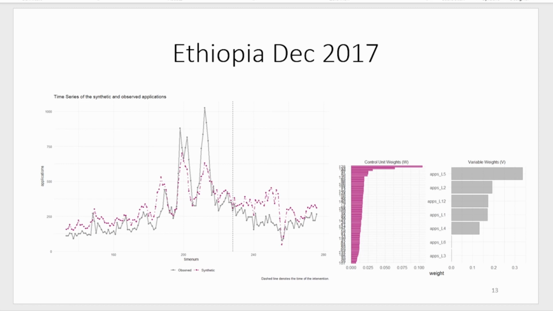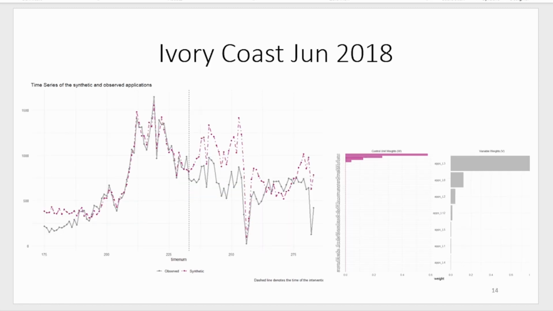In the case of Guinea, interestingly, you see something else. You see that the observed applications go up, so contrary to our expectations. But by the way, I'm not sure it should be contrary; this is one of the limitations we have so far.